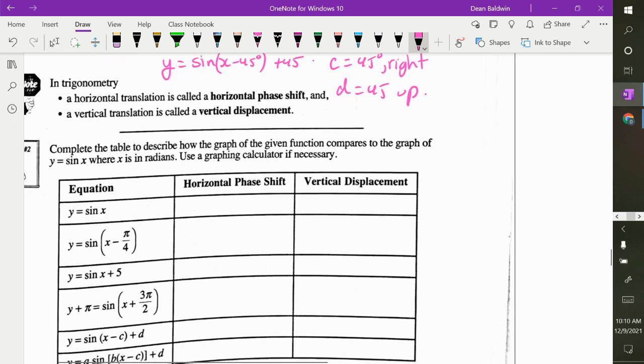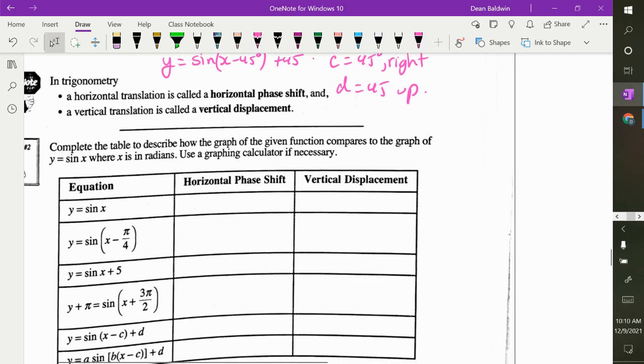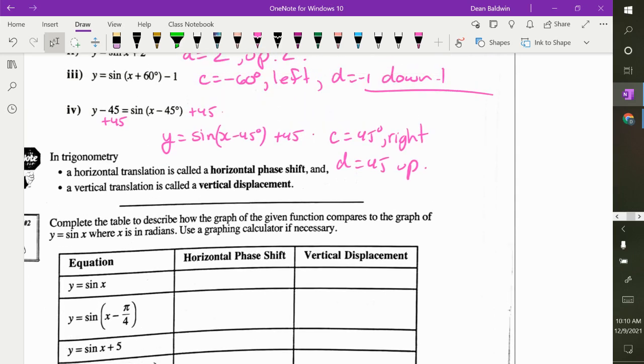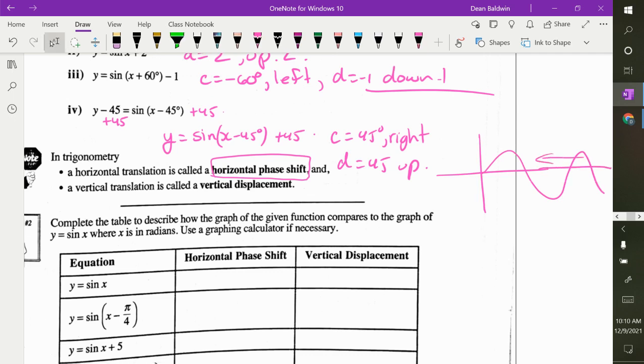Okay. I'm not going to go through this page. Just going to give you a bit of information. We just call them left, right, up, down. I am fine if you call them left, right, up, down. The book will say horizontal phase shift. And I know that sounds kind of pretentious, but it makes sense if you think about the graphs because you're shifting the whole graph, right?